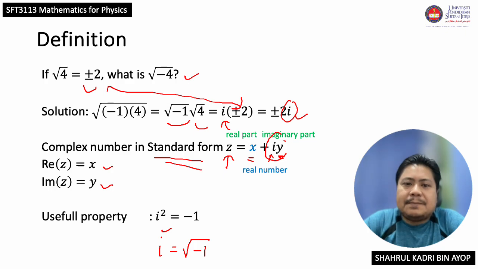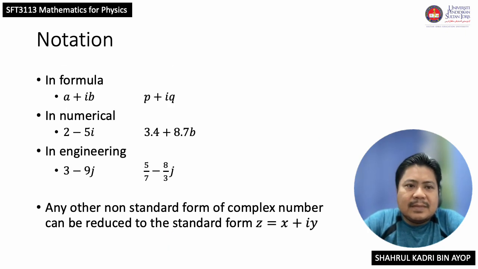In a formula, the standard form of complex numbers can be expressed as a plus ib or p plus iq. So this is a real part and this is an imaginary part. Numerically, for example, we can have 2 minus 5i or 3.4 plus 8.7i.